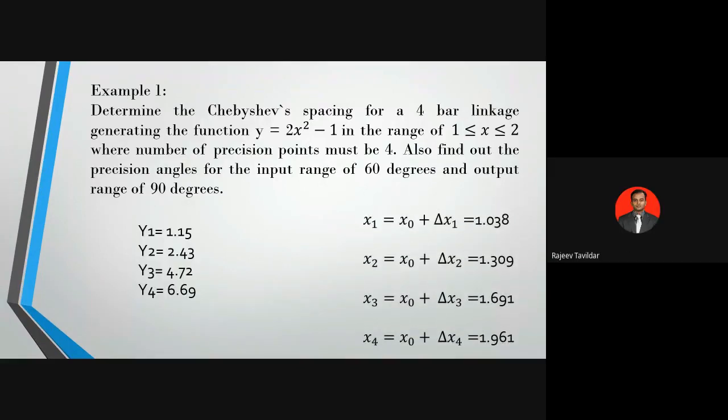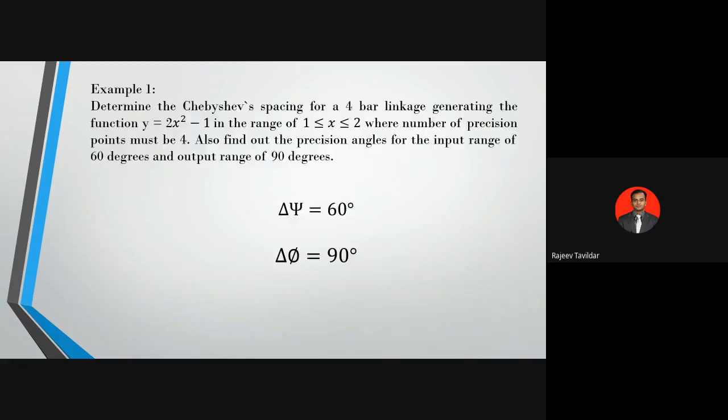Okay, so we had these x values. As per this x, we have also found out the y values. Now let us find out the precision angles. I'm going to use these terminologies. Delta psi refers to the range of input angle. Psi stands for input.